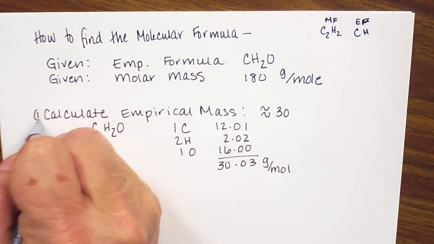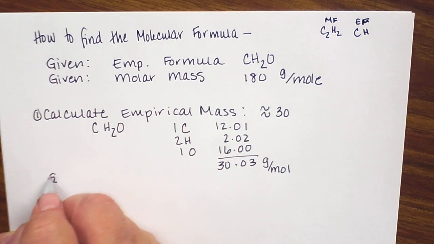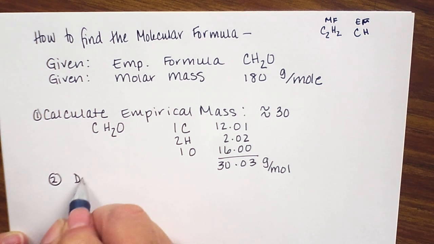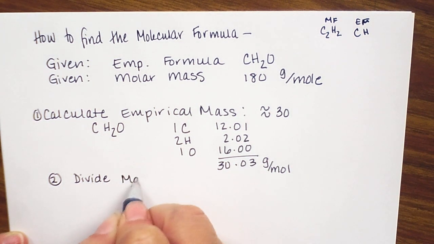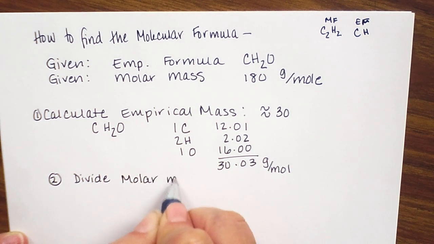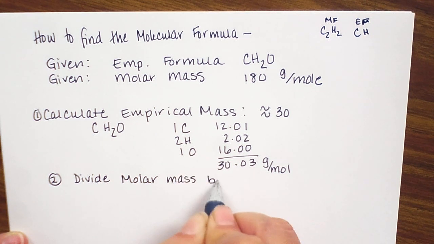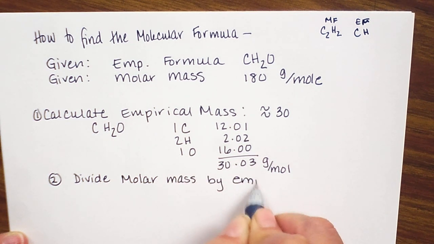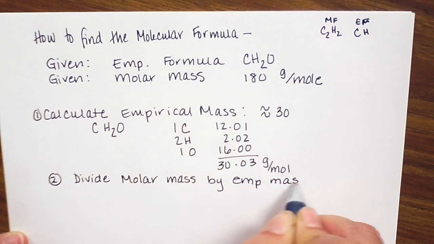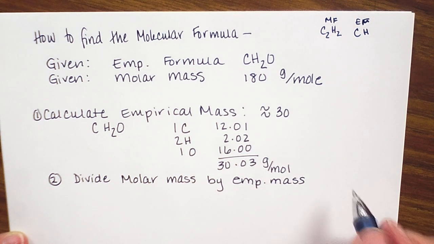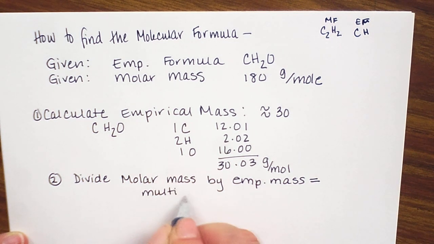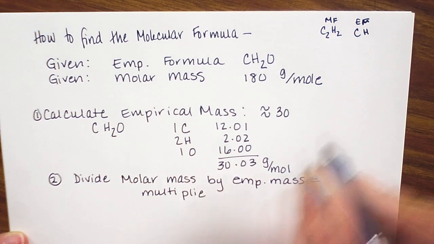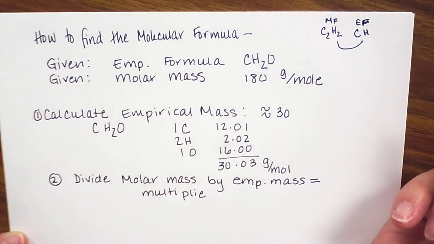So that's step 1. Step 2, I'm going to divide the molar mass, which is given, by the empirical mass, which I just calculated, and that is going to equal my multiplier. Now, you might remember that the multiplier is the number between the molecular formula and the empirical formula.